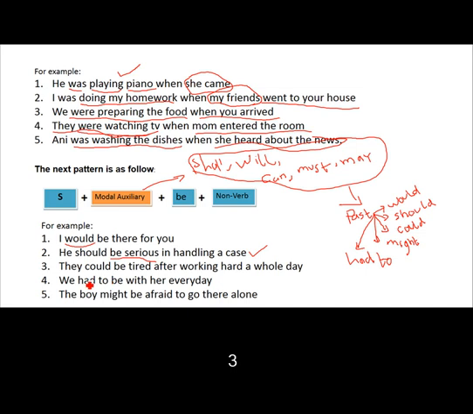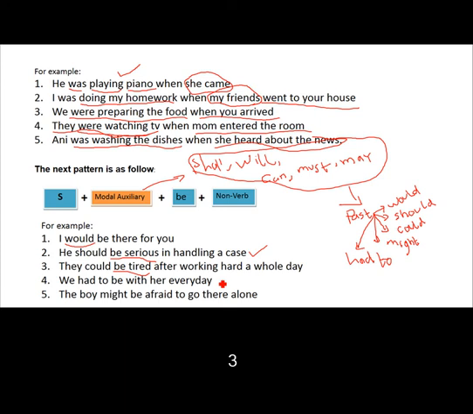Number three, they could be tired after working hard a whole day. They could be tired. Do you think that they are still tired right now? No, because the activity happened before now. We had to be with her every day. When was it?